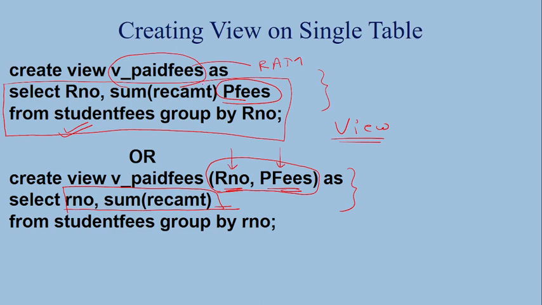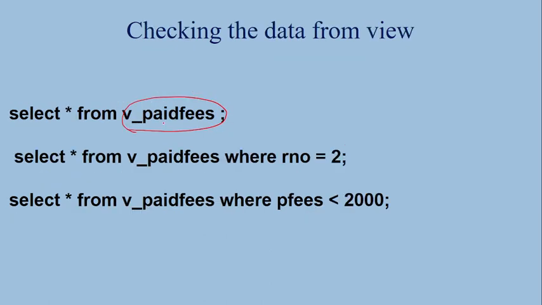So when we execute this query the first time, that data comes into the view, and after this whatever query we fire, it directly gets executed from RAM. Instead of fetching data from a table which is stored on a hard disk, it will fetch the data from RAM. RAM works faster as compared to hard disk.